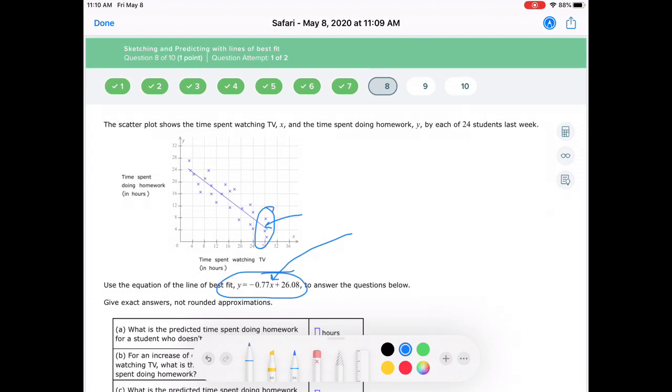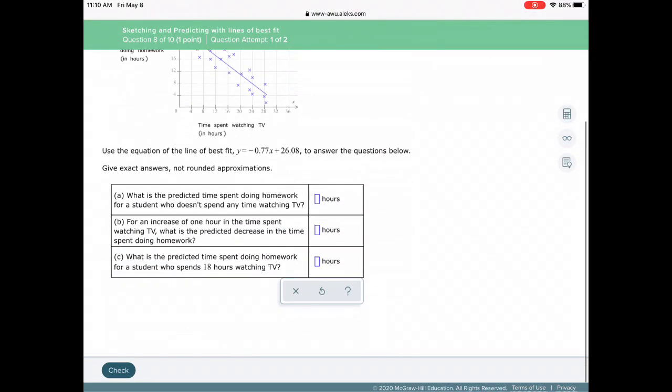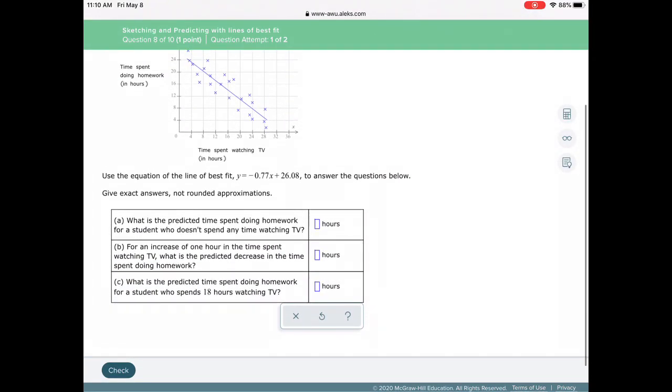All right, so let's go ahead and take a look at what the problems are asking us here. It says, what is the predicted time spent doing homework for a student that doesn't spend any time watching TV at all? So if you don't spend any time watching TV, that means we put 0 in for X, and that gives us our y-intercept.